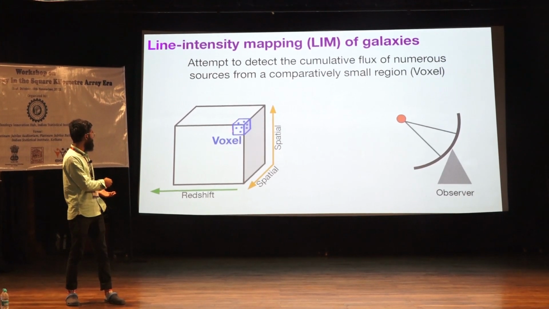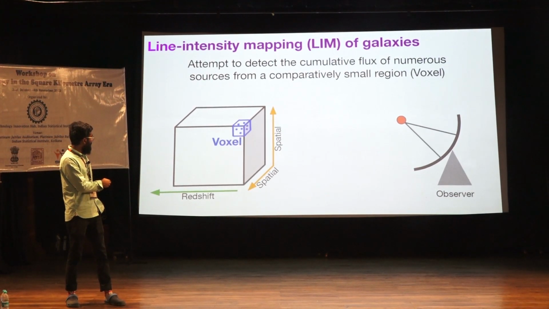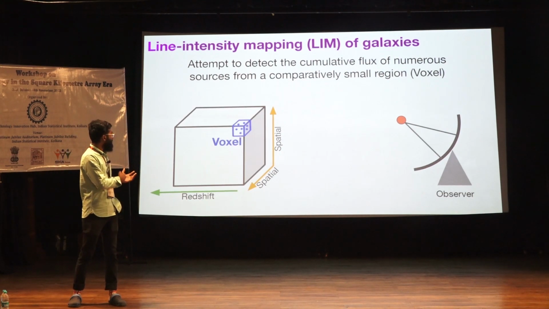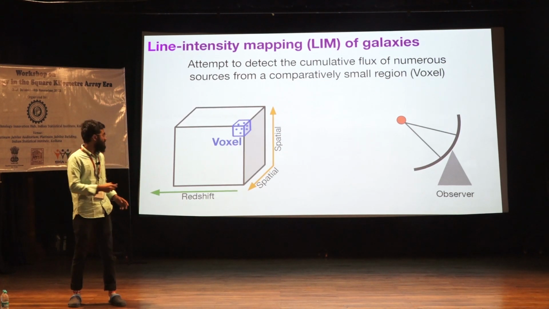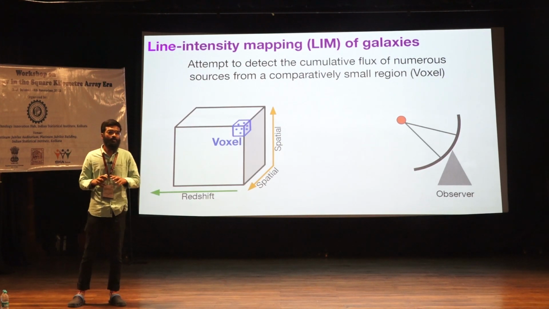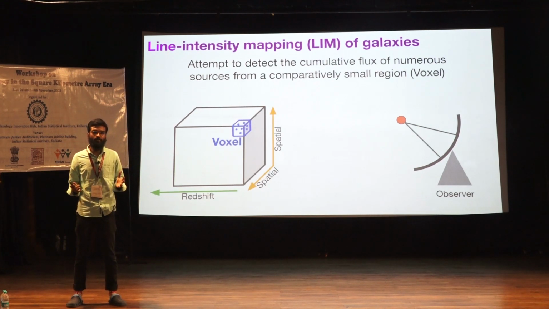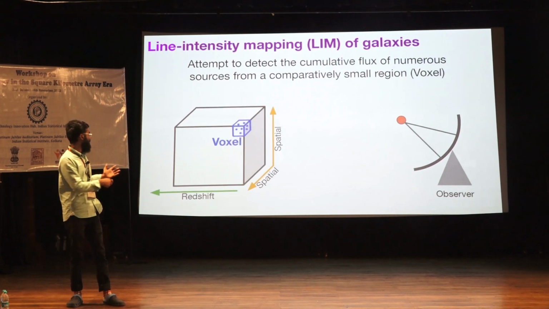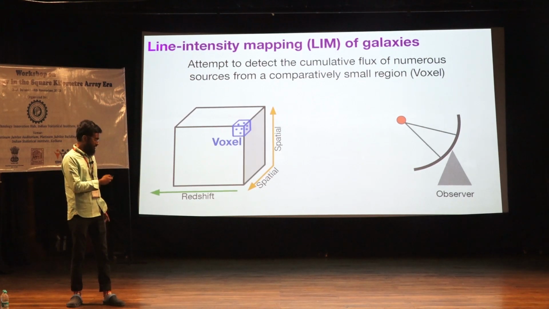And within these voxels, if numerous sources lie within a voxel, then we, in principle, detect the cumulative flux with this instrument, and by that we make a low resolution coarse grained survey of this large volume sky.